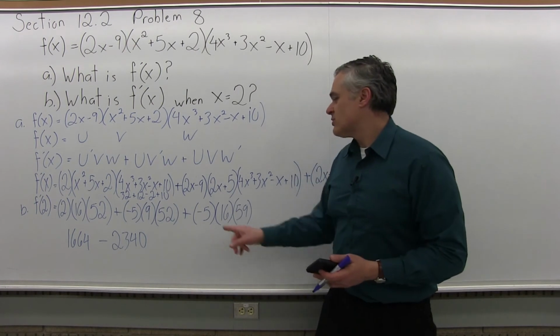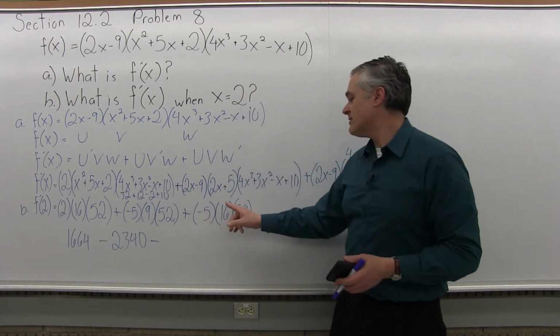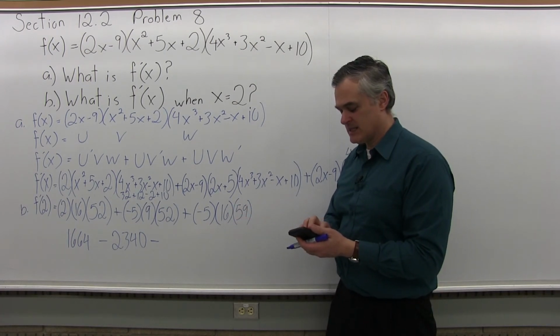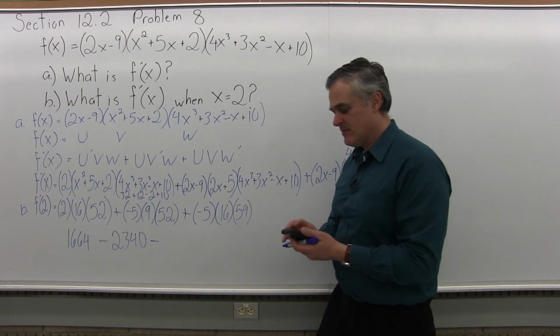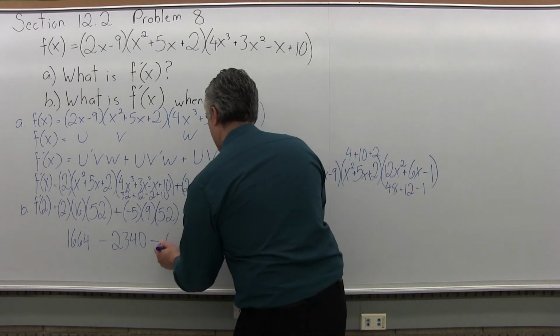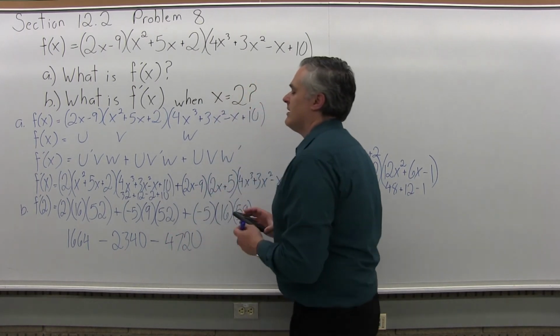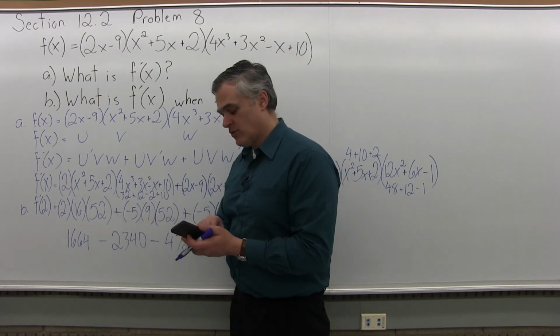And the next one will also be a subtraction because I have a negative here. 5 times 16 times 59. So 5 times 16 times 59 is 4,720.